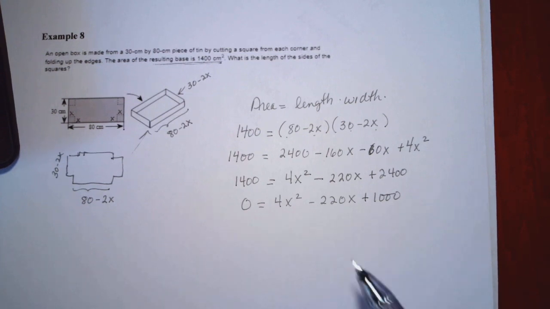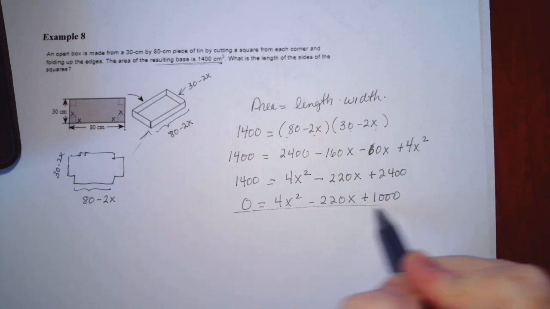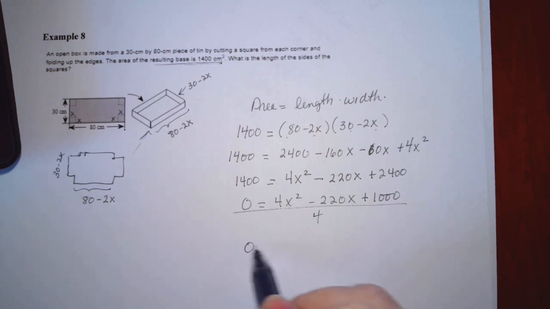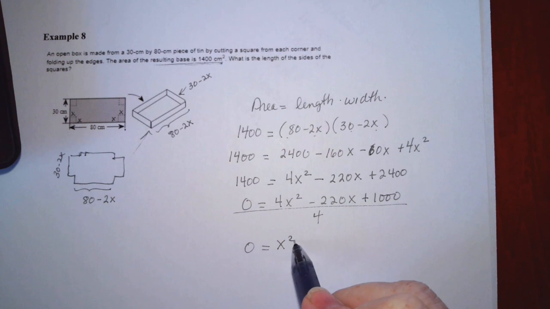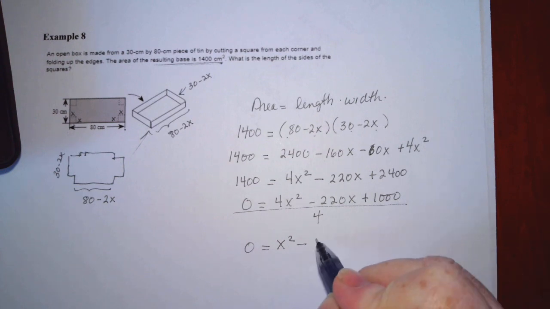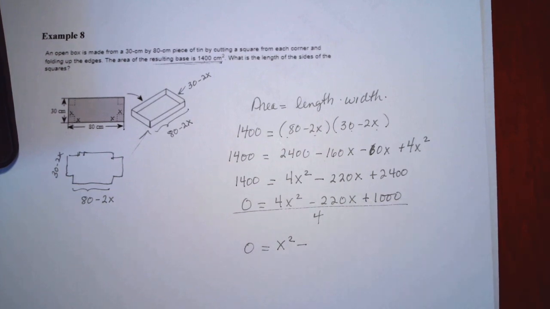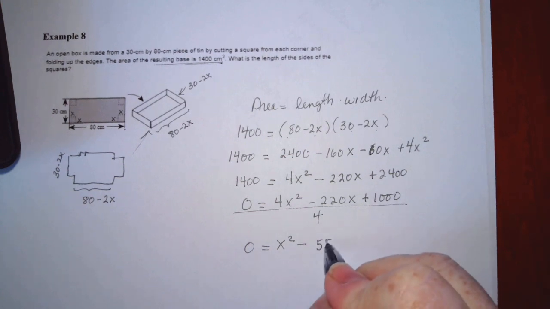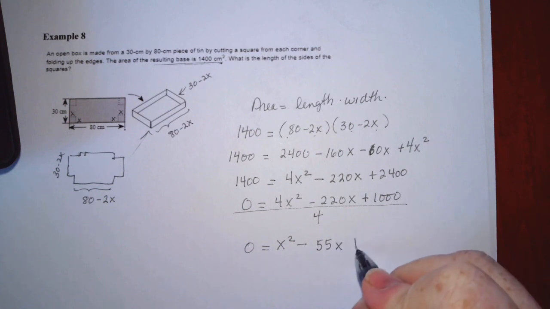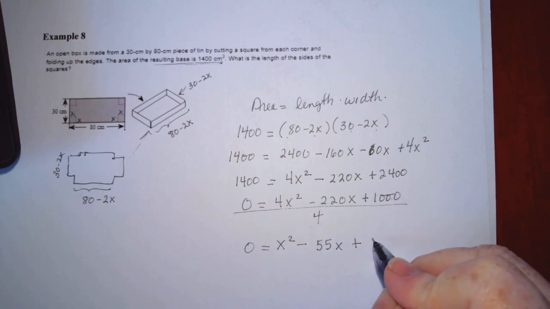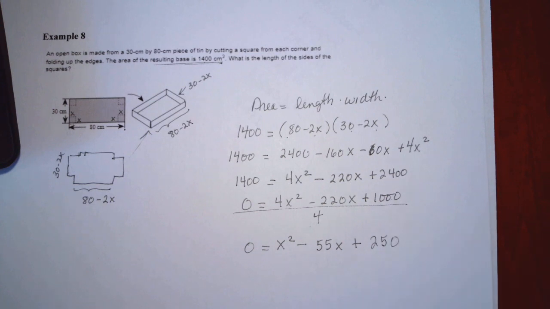So if I divided everything through by 4, I would get 0 is equal to x squared minus 220 divided by 4, which goes in 55 times, plus 1000 divided by 4 is 250.